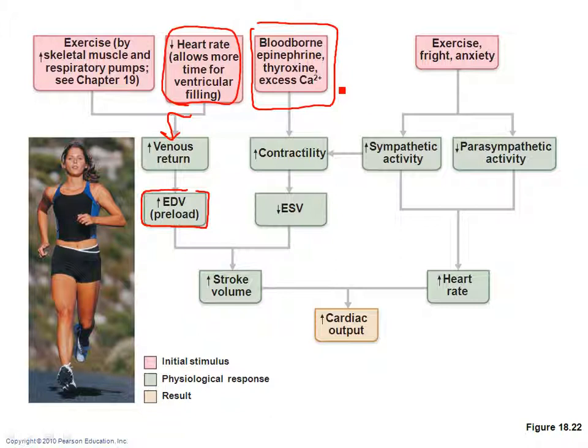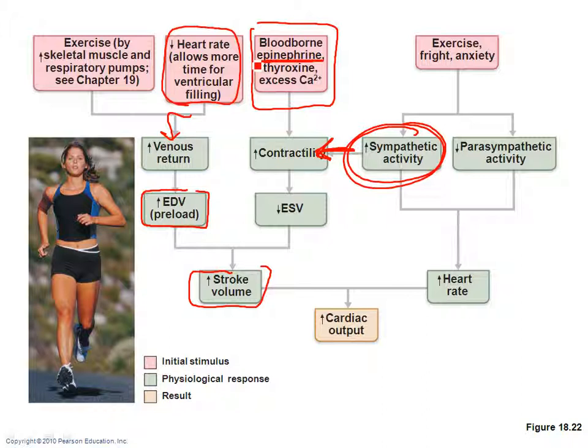And then we also talked about increasing contractility in order to raise our stroke volume. That generally occurs through the sympathetic nervous system. We've got that little flow in there from over here on the other side. Sympathetic nerves directly influence cardiac muscle cells of the ventricles.